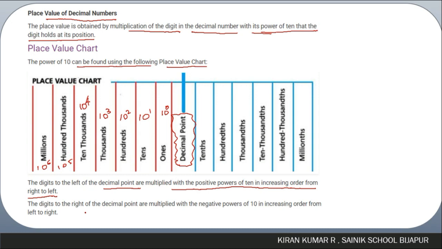Whereas the digits to the right of the decimal point are multiplied with negative powers of 10 in increasing order from left to right. Here we have 10 raised to the power minus 1, 10 raised to the power minus 2, 10 raised to the power minus 3, 10 raised to the power minus 4, 10 raised to the power minus 5, 10 raised to the power minus 6, and so on.